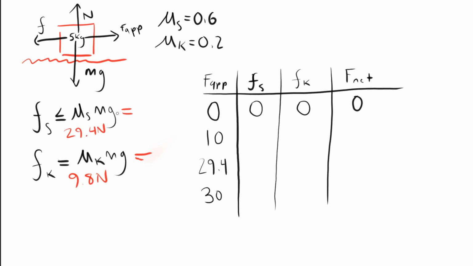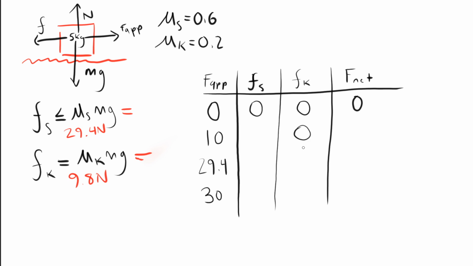Okay, what if I step up the force? We've all been in a situation where we've been pushing a box really hard on a rough surface, and it doesn't move. Is 10 newtons enough to make it move? Look at our top value here: 29.4. So the object's not going to be moving.